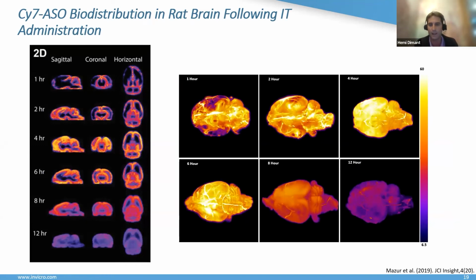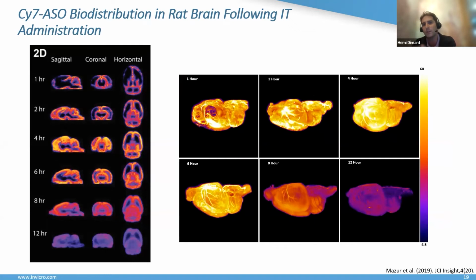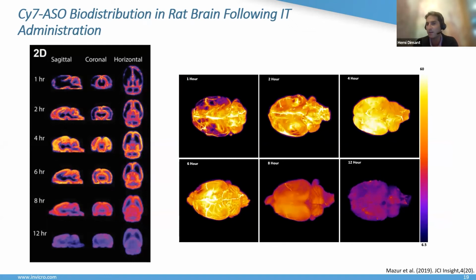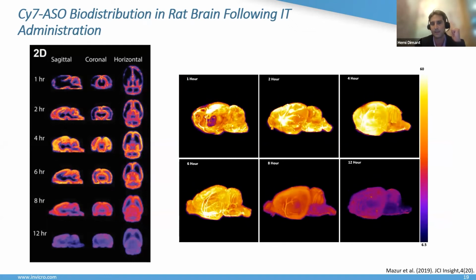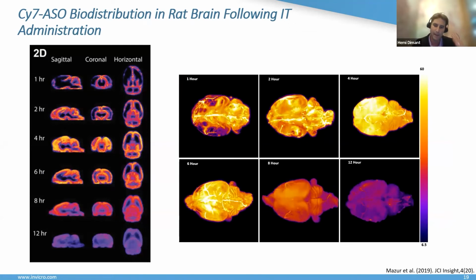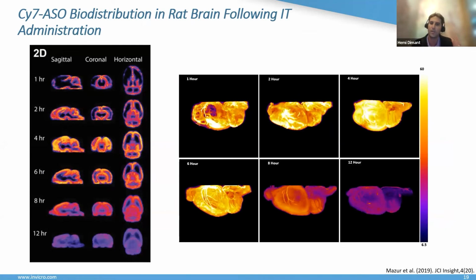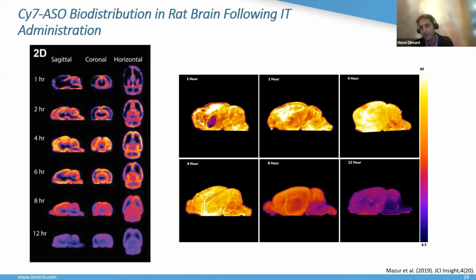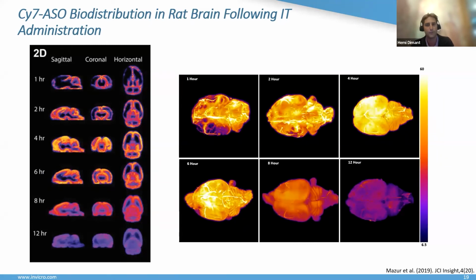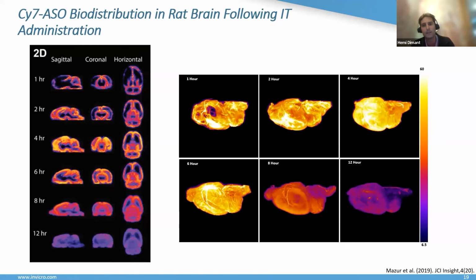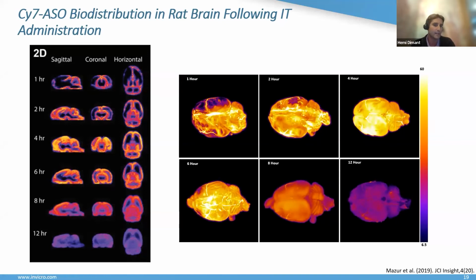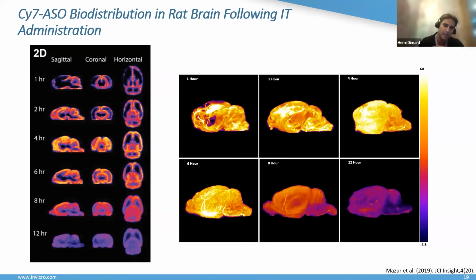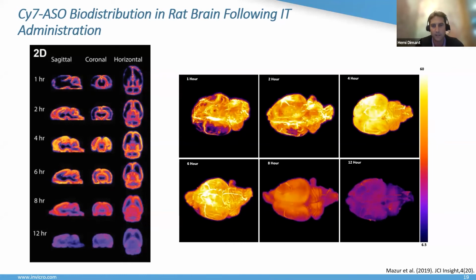We have to take down the animal, but the time points we determined here were based on the SPECT study. The SPECT PK study informed us which time points we want to take animals down. We administered the animals the same dose, intrathecal ASOs labeled with Cy7. In this case, we only collected the brains, again to minimize the field of view and maximize sensitivity and resolution.